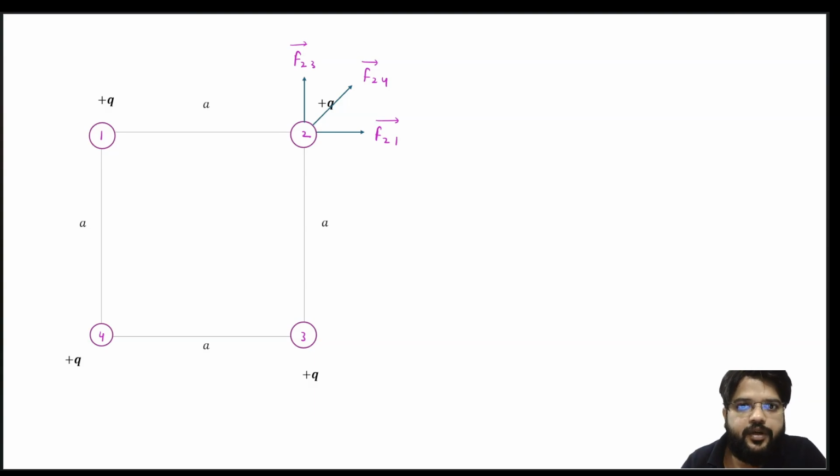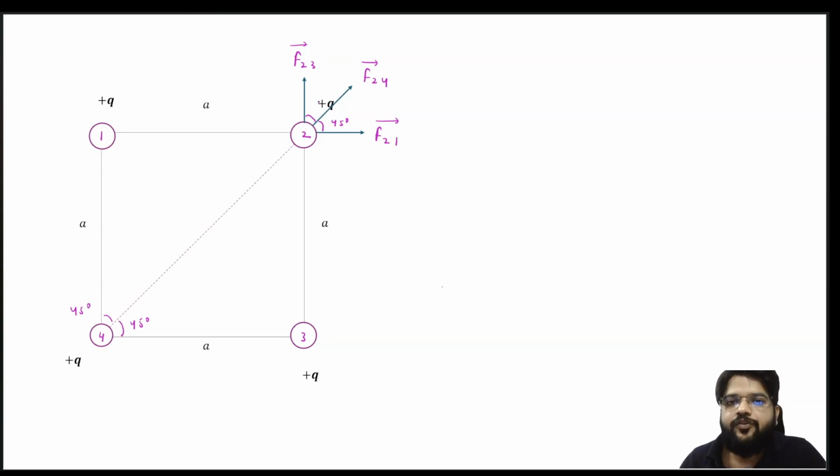So if I draw one diagonal here, this diagonal is making 45 degrees with the horizontal and from the vertical. So this angle should be what? It should be 45 degrees, and this angle is also 45 degrees, correct?